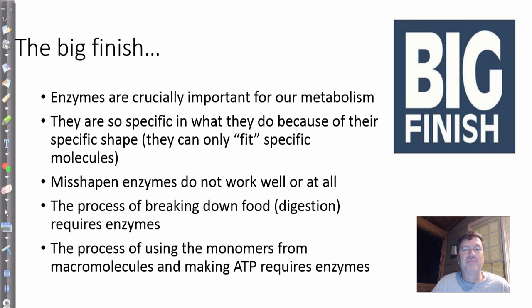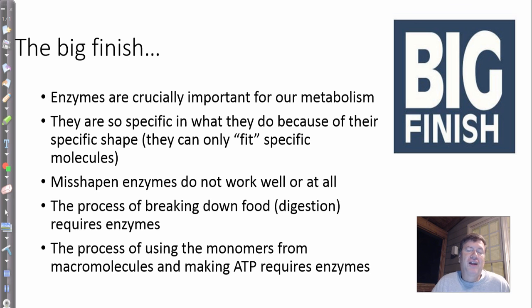If the enzymes are misshapen because of errors in the DNA, which result in errors in the structure, they're not going to work. The process of breaking down our food, and this goes back to one of our previous videos, we talk about breaking down proteins to amino acids or breaking down polysaccharides to monosaccharides. All those require enzymes. We talk about chemical digestion.